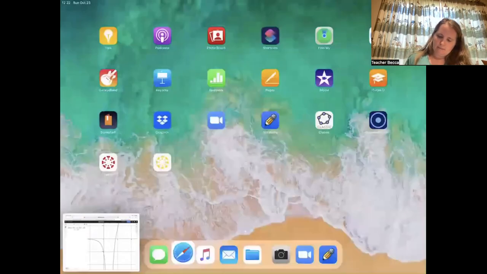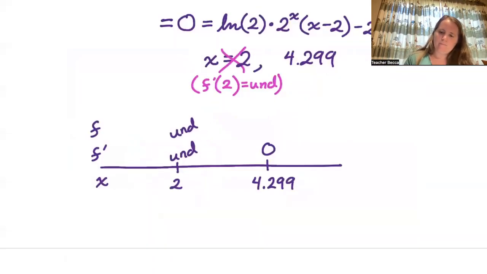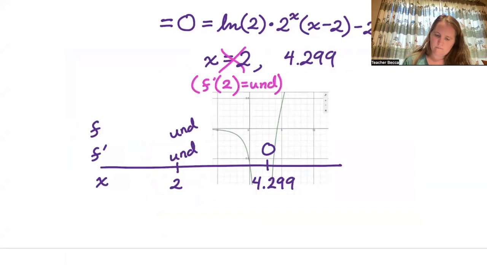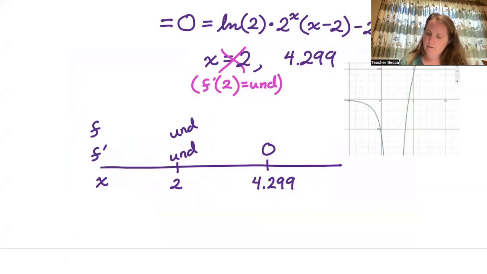So let's take this and put it into the notes. So this is our graph of f prime. We have that f prime is negative before 2 and between 2 and 4.